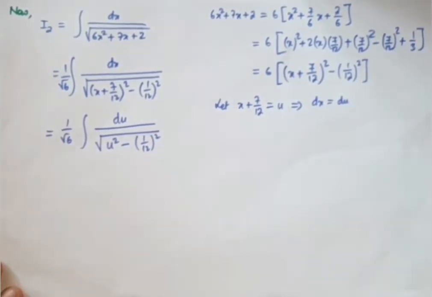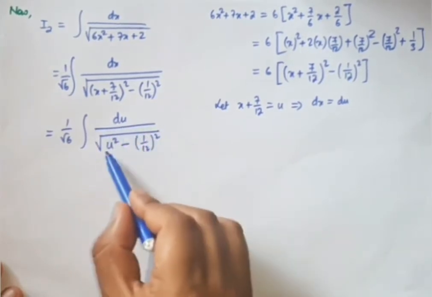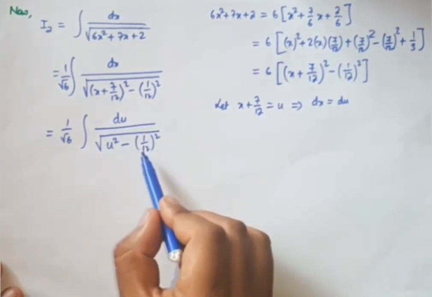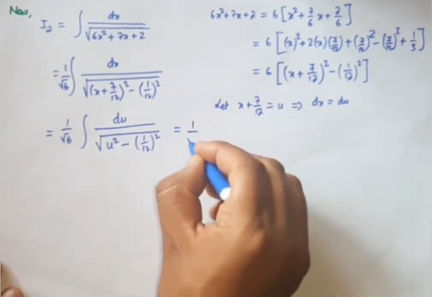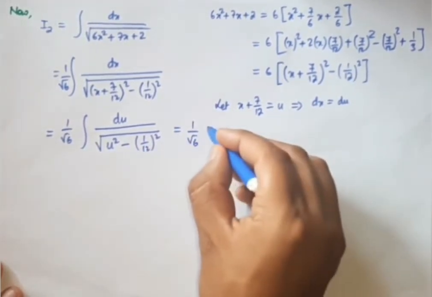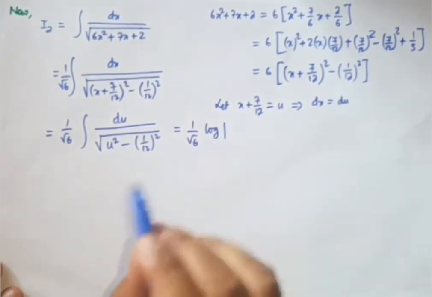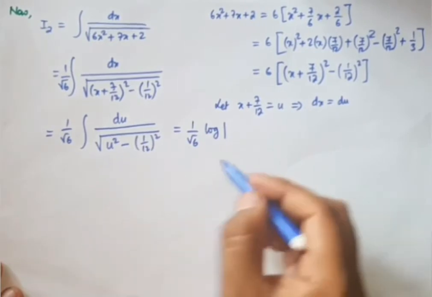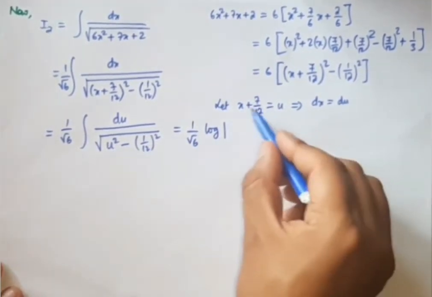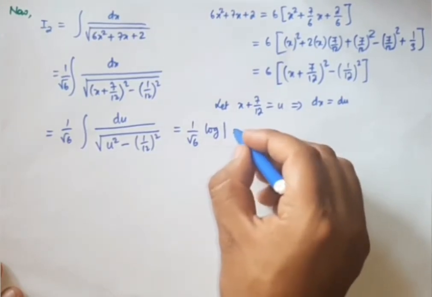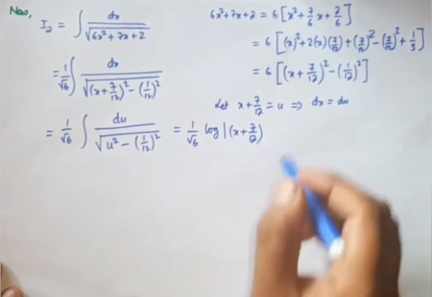Okay, now this integral is of the type integral dx by square root of x square minus a square, which is equal to how much? Which is equal to 1 by root 6 times log of x plus square root of x square minus a square. So what is x? x is u here, right? So log of u. Now what is u? u is exactly x plus 7 by 12, right?